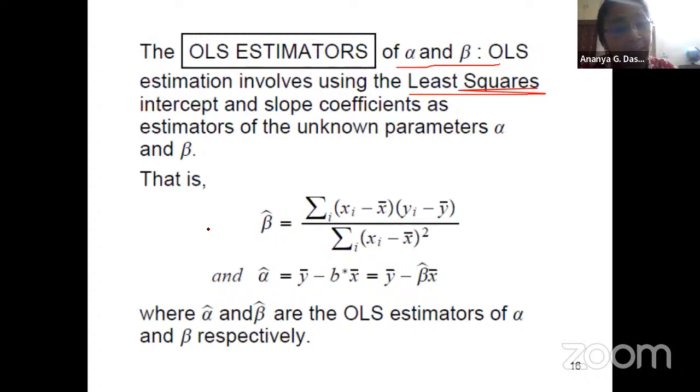That is, the OLS estimators are calculated using these particular formulae, which correspond to the least squares slope and intercept estimators. So beta hat is simply the covariance of x and y upon the variance of x, and alpha hat, which is the intercept, is equal to y bar minus beta hat into x bar.